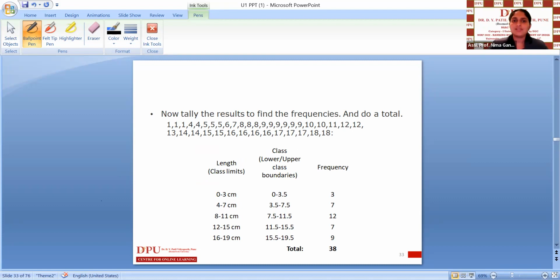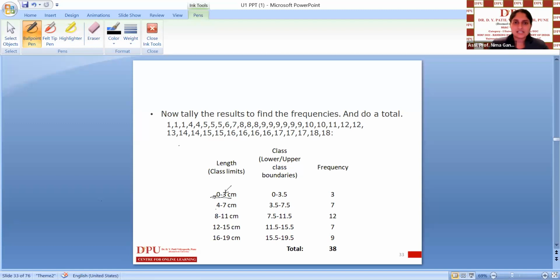Okay, so if the classes are not continuous, you have to make them continuous. What is the meaning of this? Groups are not continuous. Here, if you observe, if this is the group, I'm talking about 0 to 3, then this is the lower limit, this is the upper limit for the first class.